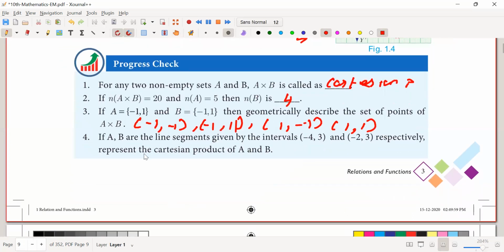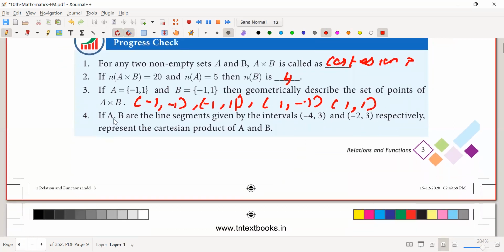Okay? All right. If A and B are the line segments given by the intervals minus 4, 3 and minus 2, 3 respectively, represent the Cartesian product of A and B. We have to represent these points actually in a graph. For that, do we have an option?